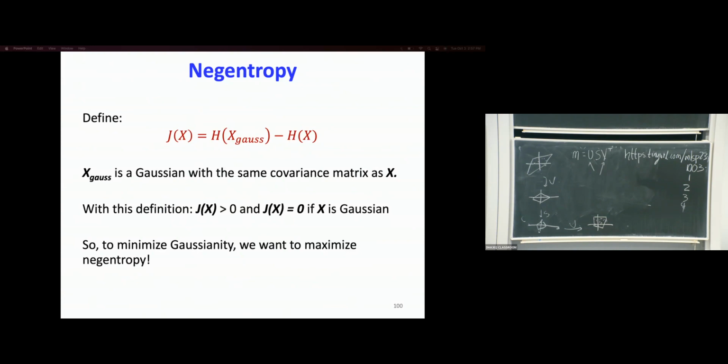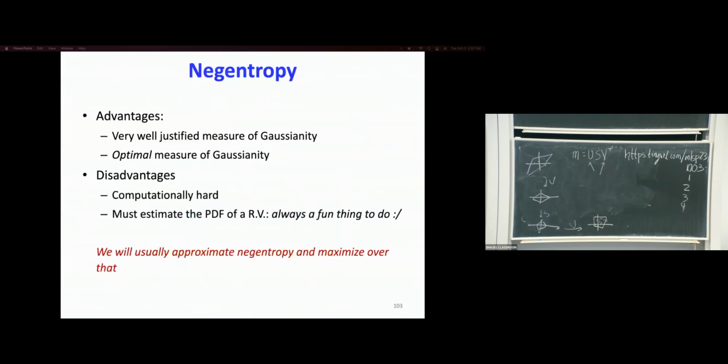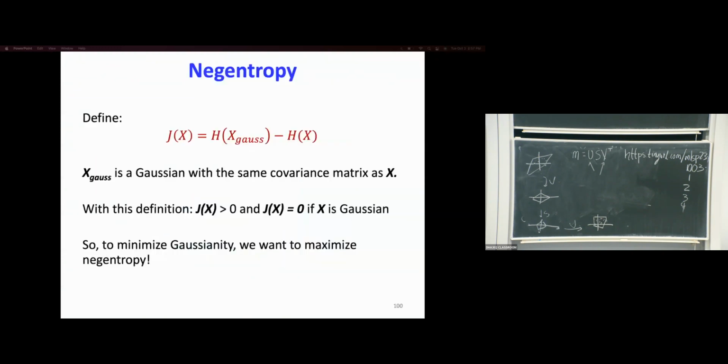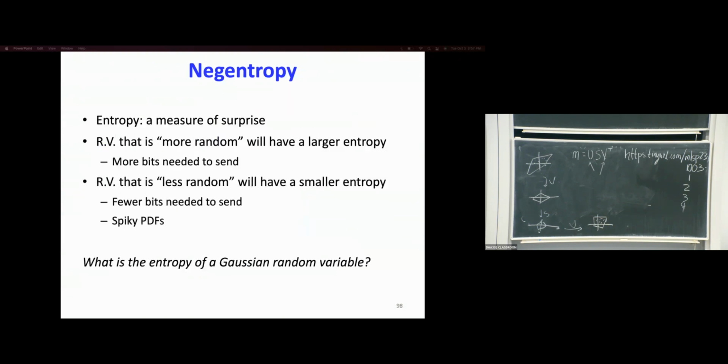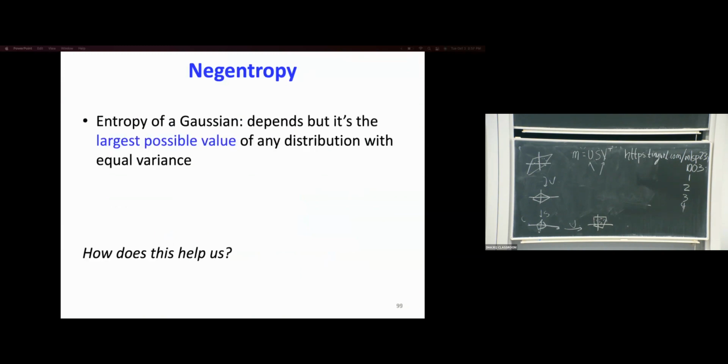For a Gaussian, the negentropy will be 0. Entropy is like disorder, and a Gaussian is a normal distribution, so it'll be 0, there's no disorder. The entropy of a Gaussian depends on the largest possible value with equal variance.